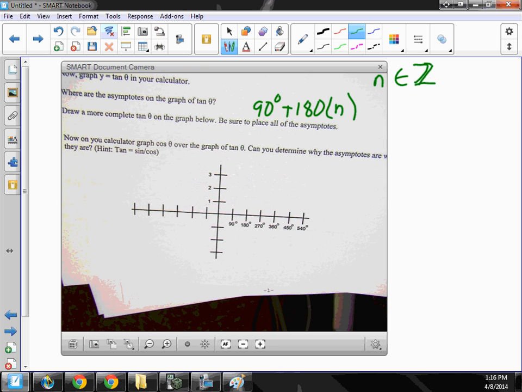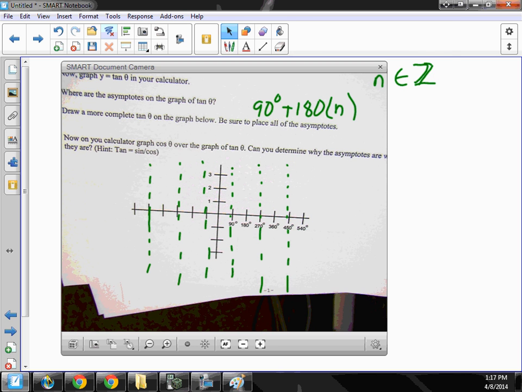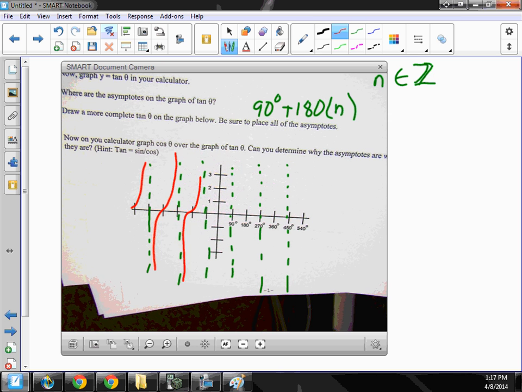Because negative n's would put me on the left side of the y-axis, and positive n's would put me on the right side. So we can draw those asymptotes here. Every 180 degrees, there's an asymptote. And then the tangent just repeats over and over. Yeah, starting at 90 every 180 degrees.